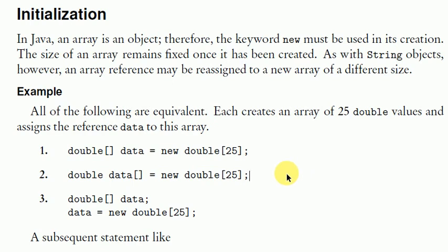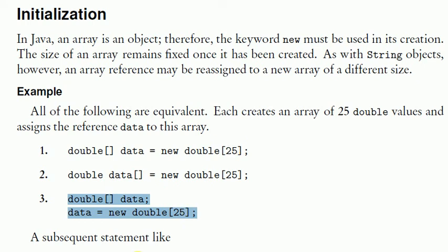You can use it in a third way, which is to just declare double data, and then in the next line you can say data is equal to new double 25. Basically you broke this one statement into two statements. That's the simple way. So these are the different methods you can declare an array.